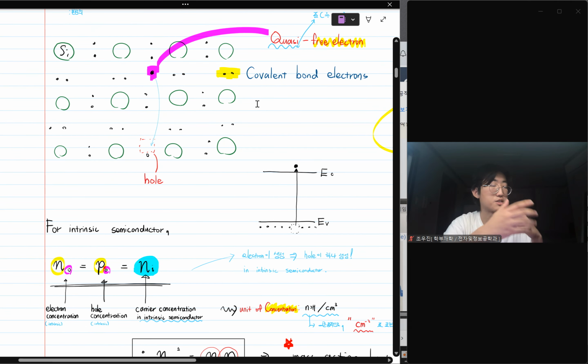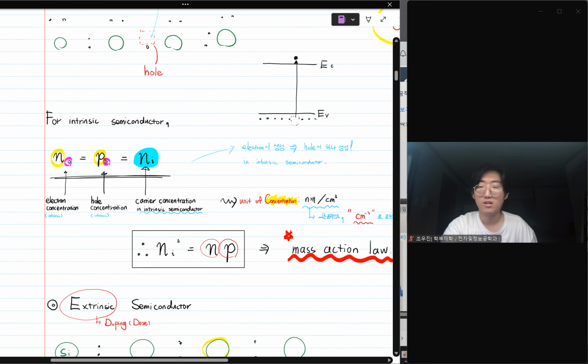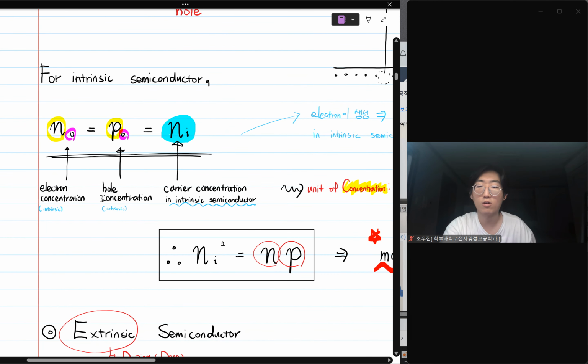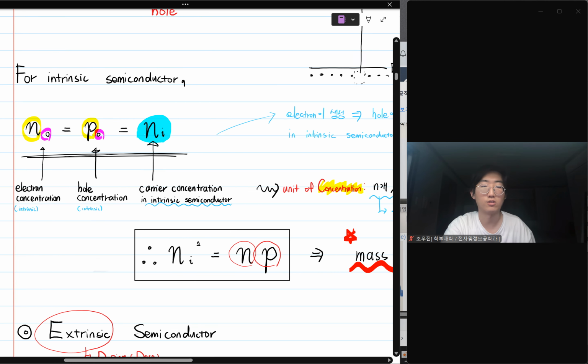For an intrinsic semiconductor, you can understand it with this equation. Ni means carrier concentration in an intrinsic semiconductor, n0 means electron concentration, and p0 means hole concentration. They both come from the intrinsic semiconductor.